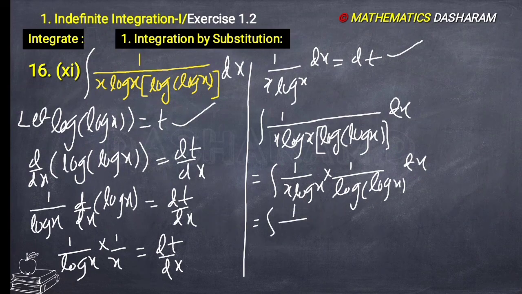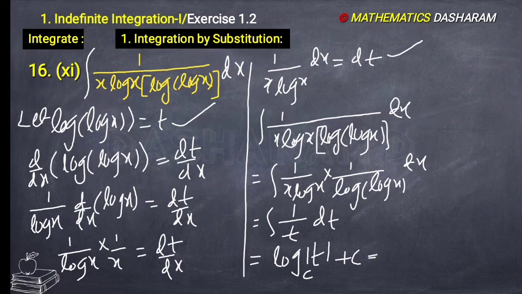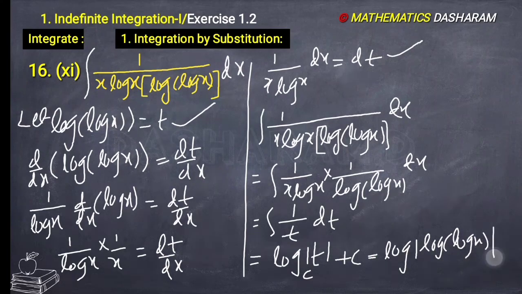Integration of 1 by log of log x, selected as t, and 1 by x into log x into dx, is equal to what? dt. Now it is equal to log mod t plus c, and substitute the t value: log mod log of log x plus c is our required answer.